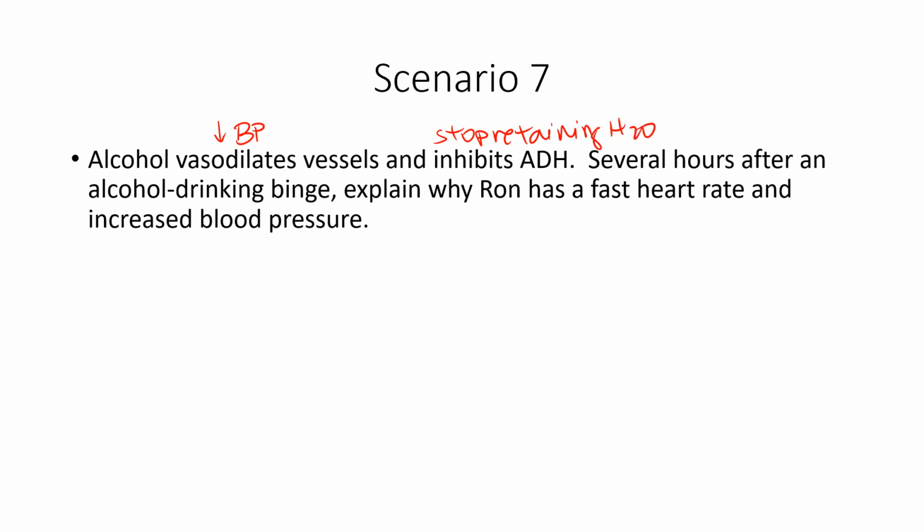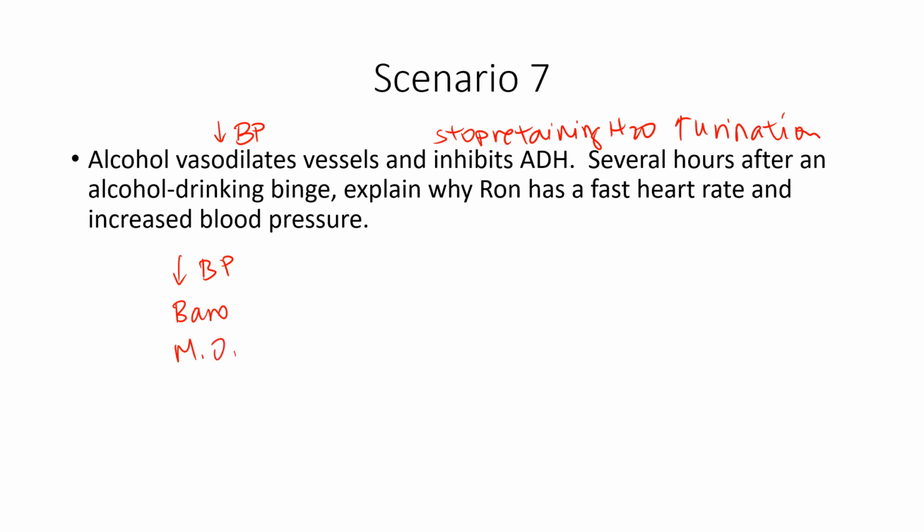Okay, and after several hours of an alcohol drinking binge, this person has a fast heart rate and increased blood pressure. Well, if they've increased their urination and they've lost a lot of their fluids, they probably became dehydrated. So in order to compensate for this loss in blood pressure, then we expect to have baroreceptors send messages to our medulla oblongata.